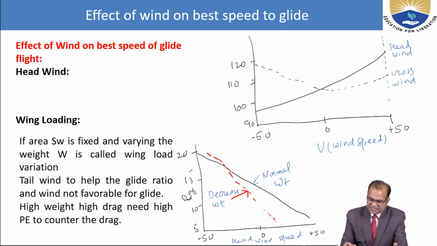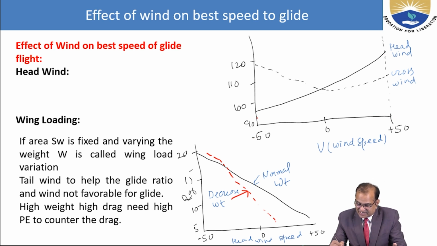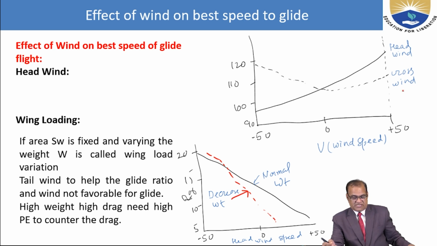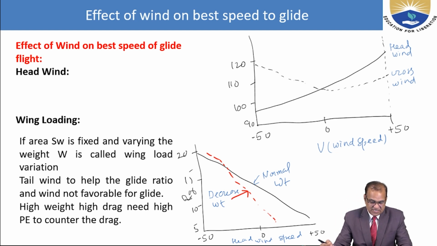It is increasing as it goes from minus to plus velocity. For the headwind it is increasing, and for the tailwind it is decreasing. Even for the side wind, it is decreasing. So headwind is giving better efficiency, but if you want the range and all, tailwind is good.